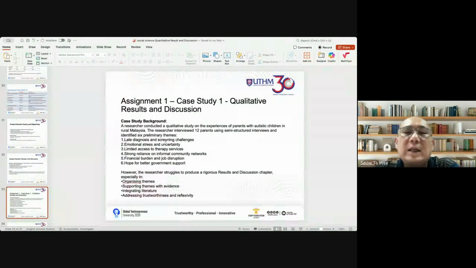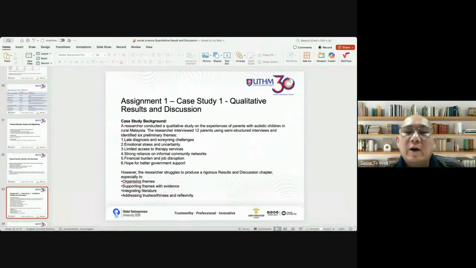First is late diagnosis and screening challenges, emotional stress and uncertainty, limited access to therapy services, strong reliance on informal community networks, financial burden and job disruptions, and hope for better government support.